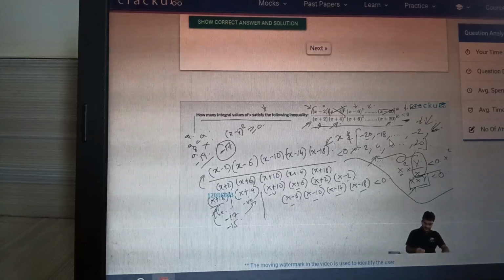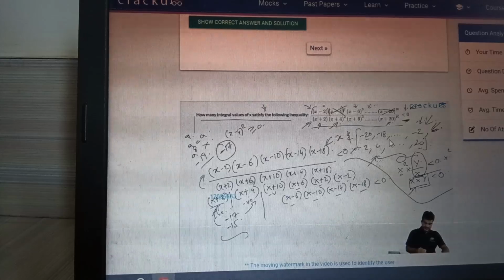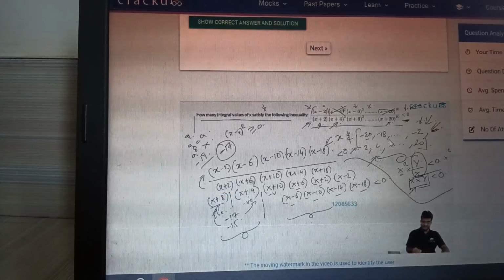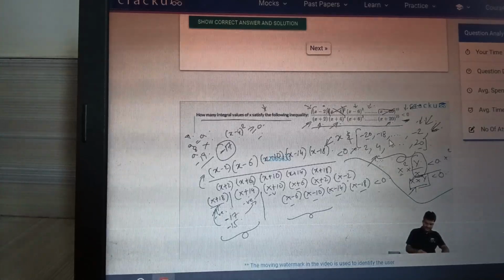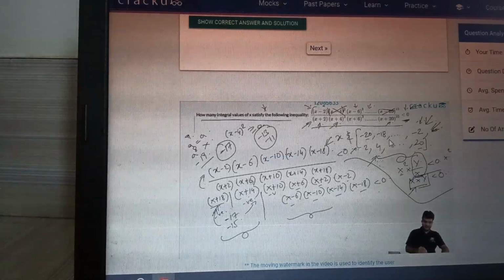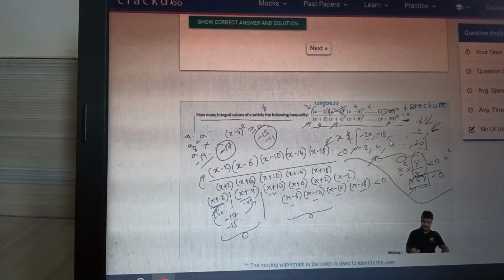If you are looking at minus 13, which lies between x plus 14 and x plus 10, there will be 2 numbers which are positive, so the product of the 8 negative numbers will be positive. So we will have to exclude minus 13 and minus 11, because for these there will be 2 numbers, that is x plus 18 and x plus 14, which will be positive, and 8 numbers which will be negative.